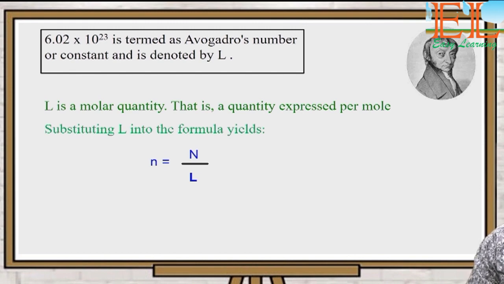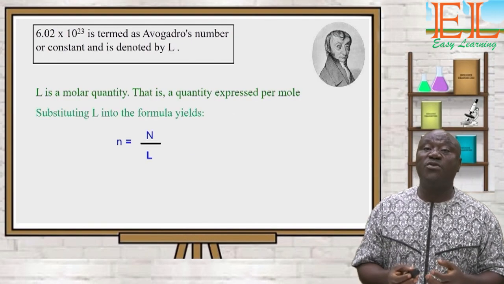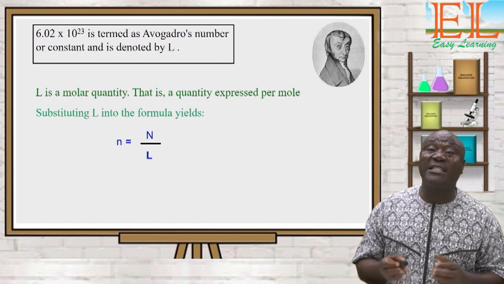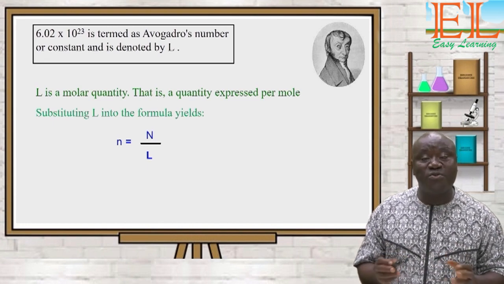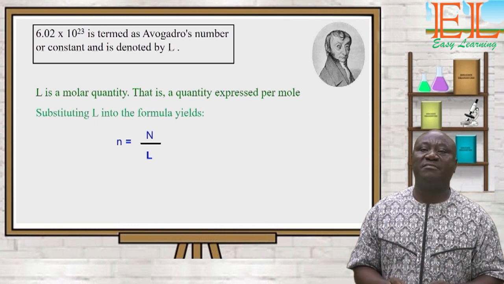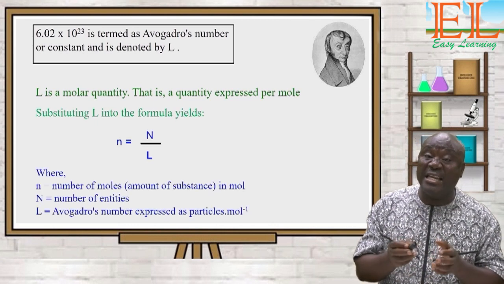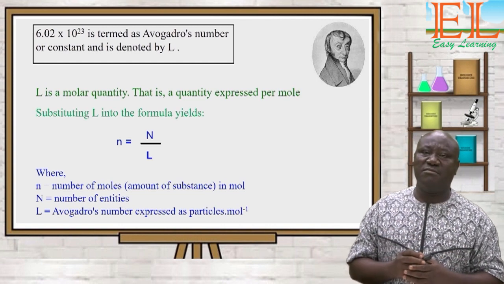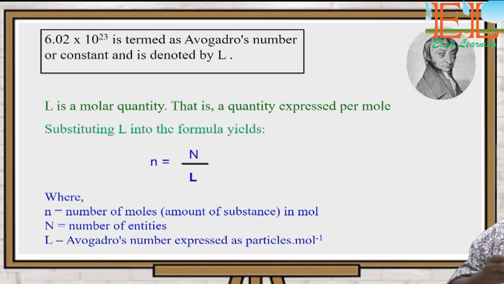So if I substitute uppercase L into the formula, then I will arrive at lowercase n is equal to uppercase N divided by L, where lowercase n is a fundamental physical quantity called amount of substance, and its unit of measurement is mole, and the symbol for mole is mol.